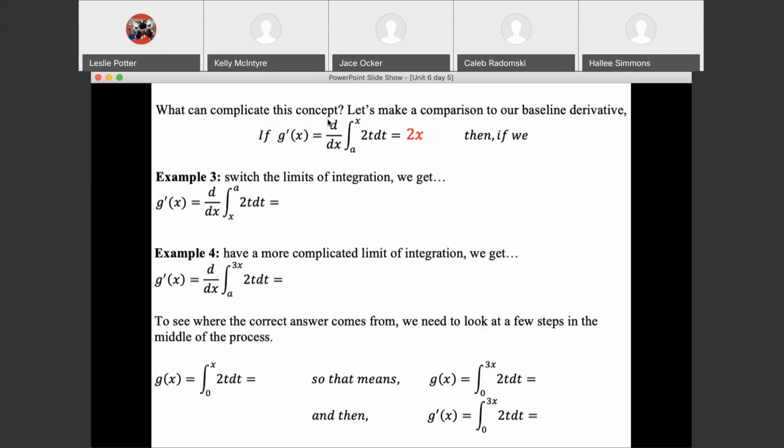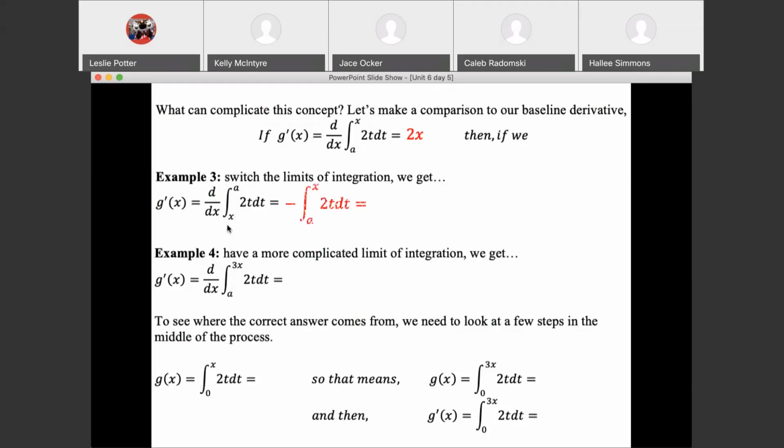So let's look at switching the limits of integration. Notice what I've done here. My x is now here, and my number is up here. So a is numeric. For our example, a was 0. And that's important. One, we need to have a constant, and then we need to have a variable limit. So these are in the wrong spots.